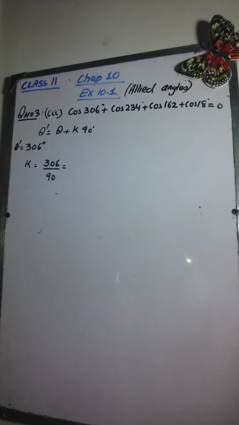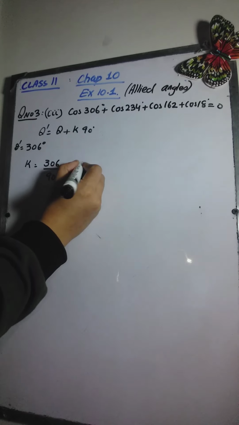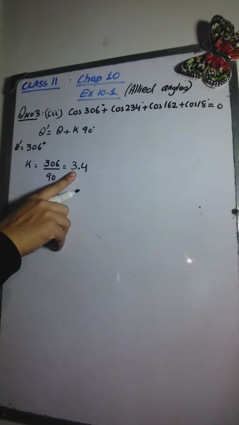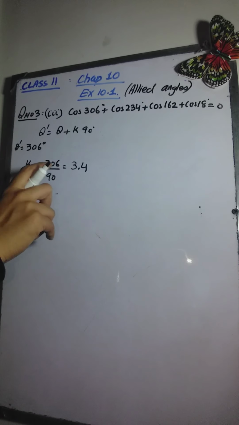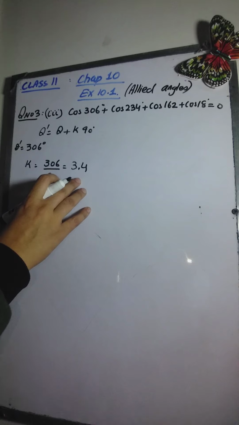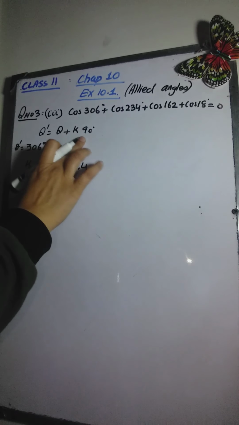So 306 divided by 90 is 3.4. Okay, we can try k is equal to 3 and k is equal to 4. These are the two integers which will help us to express 306 in this form.